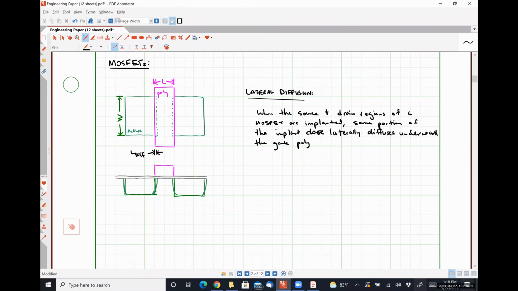So we see that lateral diffusion causes the effective length to decrease, as L effective will now be our drawn length L minus twice L diffusion.